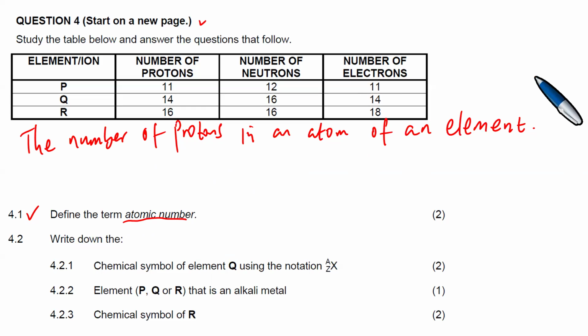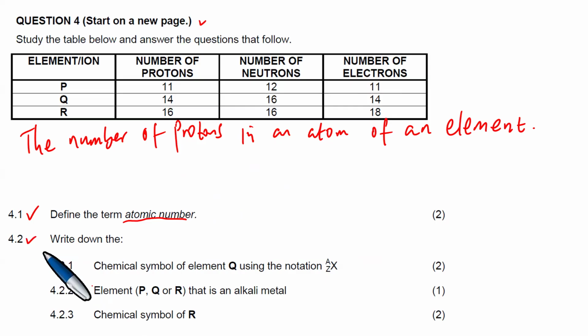These protons are what we call the atomic number. By atomic number, we mean the number of protons of an element. If the protons are a given number, then we say that is the atomic number.